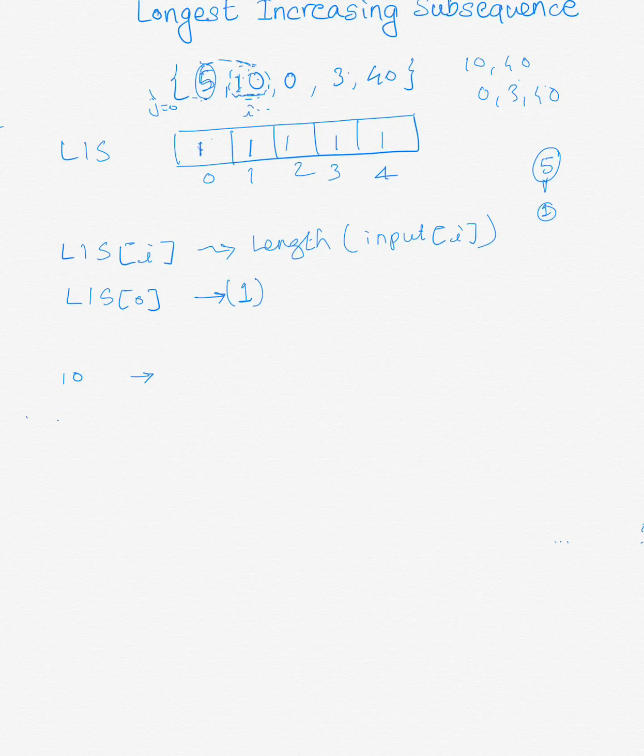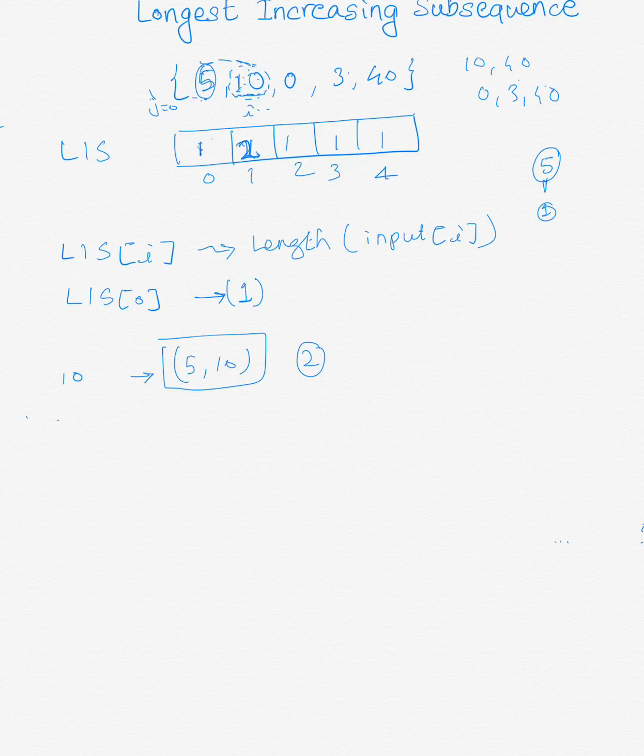So for 10 we update it to 2. That means the length of the longest increasing subsequence which ends with 10 is 2, and the subsequence is 5 and 10, whose length is 2, right? Things will get clearer as we move on to the next elements.